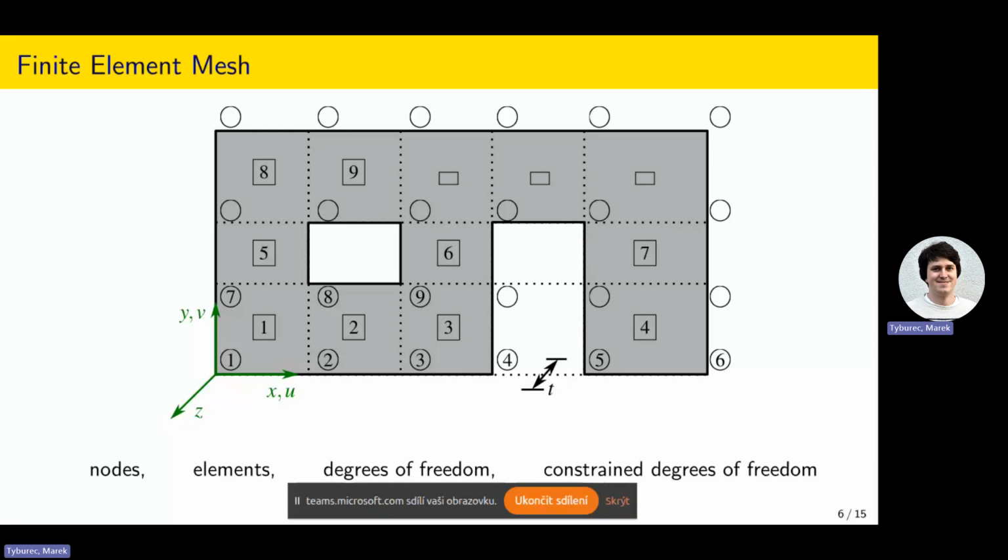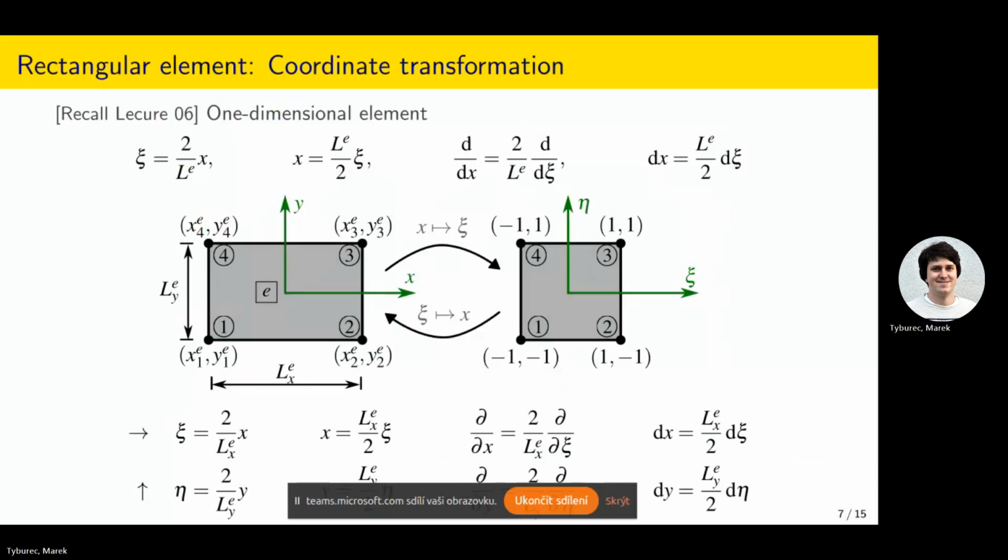And then, of course, we have loads. If I'm not mistaken, you already did some derivations for 1D, for example, the truss element. So today we will try to extend this to a two-dimensional setting.